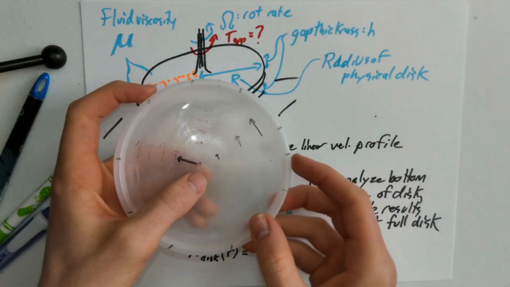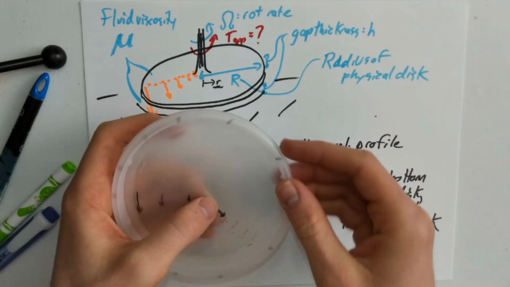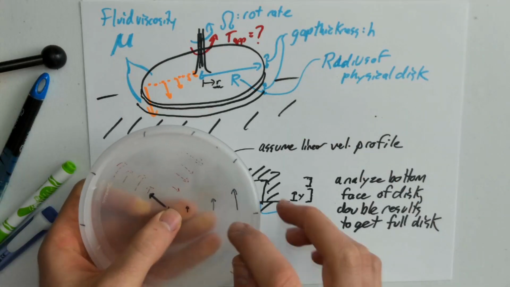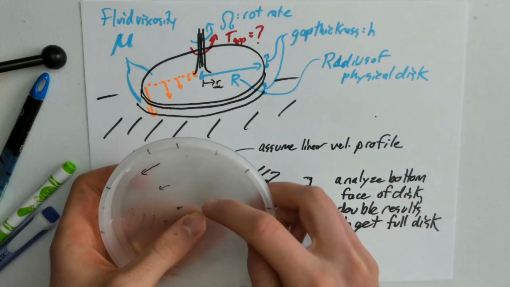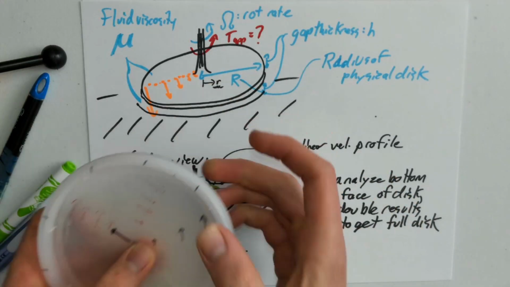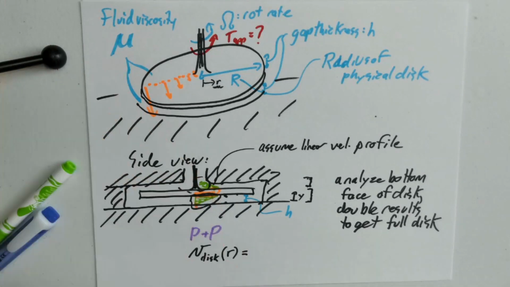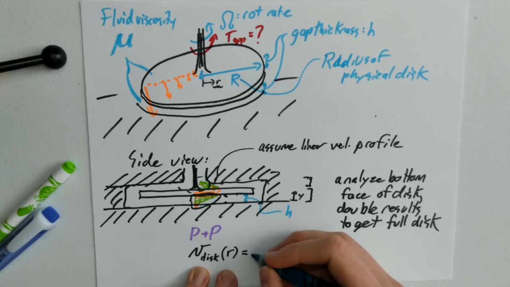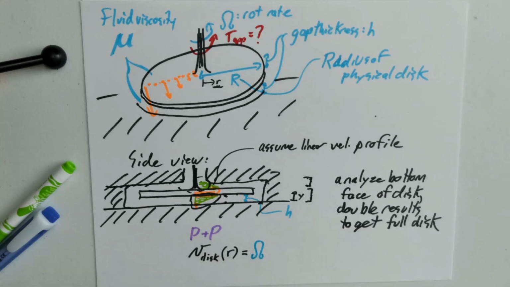We're treating the rotation rate of the disk as unknown, and each point on the disk has its radius r, and if the angular rotation rate of the disk is omega, the linear velocity of those points on the disk is going to be omega r. So the velocity of some point on the disk is going to be omega times little r, right?